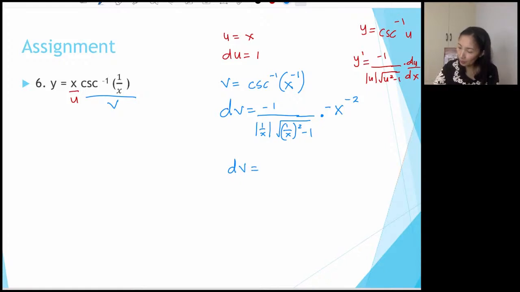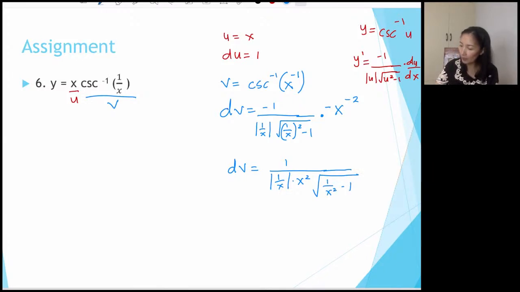It will be 1 over the absolute value of 1 over x times x squared times the square root of 1 over x squared minus 1.